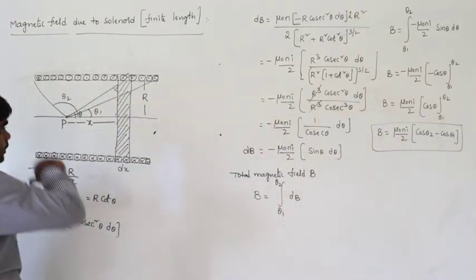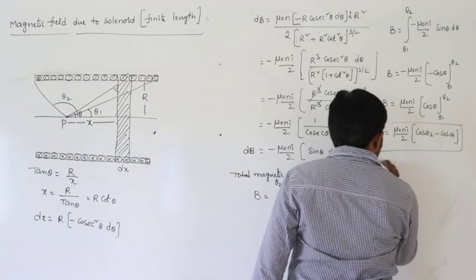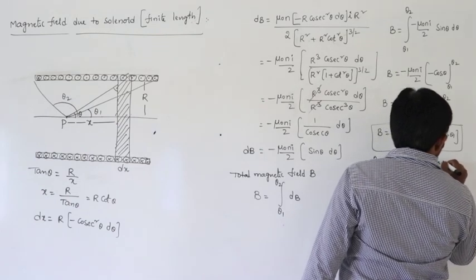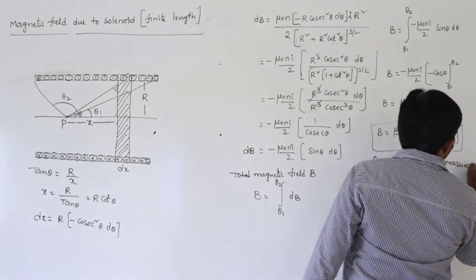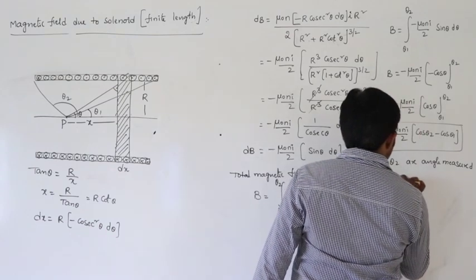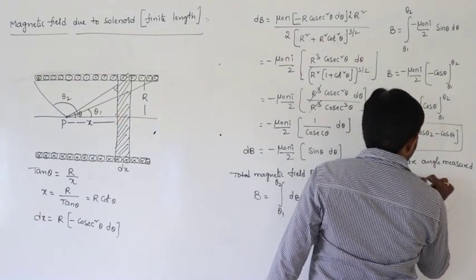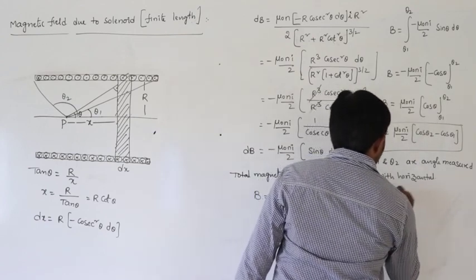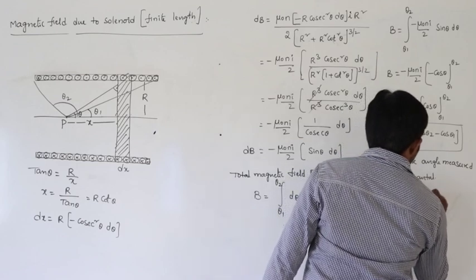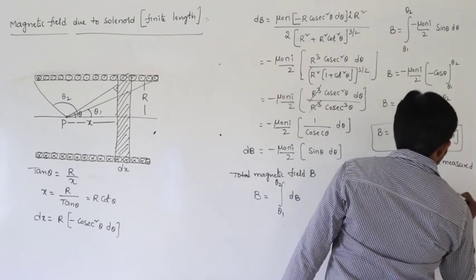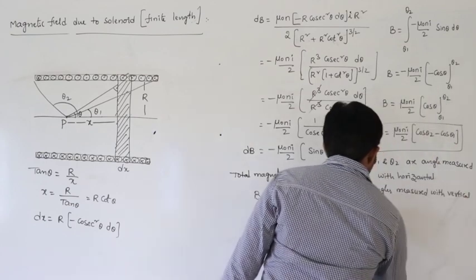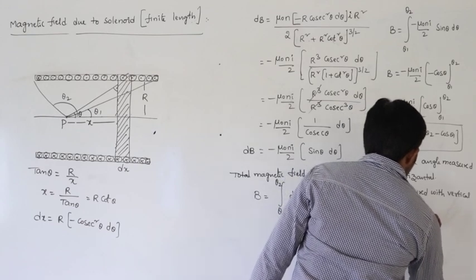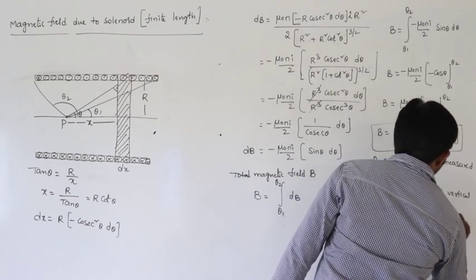If the angles are measured with the vertical, then the magnetic field can be written as mu naught Ni by 2 (sin theta 1 plus sin theta 2).